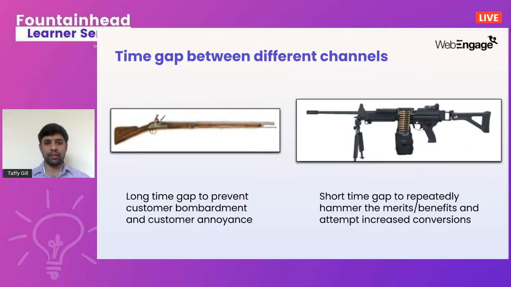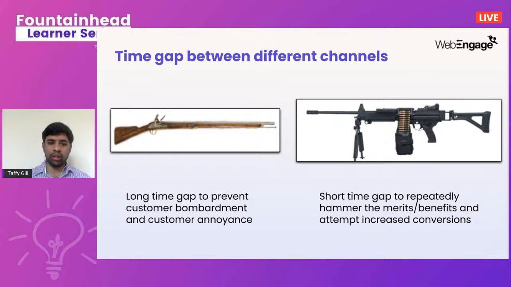The next approach is the typical comparison between a musket and a machine gun. So what I simply mean herein is that even when it comes to two channels, there would be some time gap. Now, if let's say I sent you a web push, should I send you an app push after just 15 minutes, which would be the case of a machine gun, or should I wait for let's say 2 hours to give ample time to the user to make up his or her mind and then maybe send that particular communication?